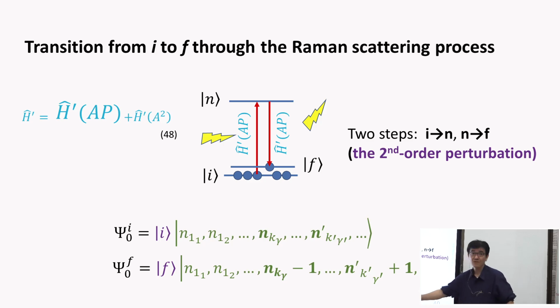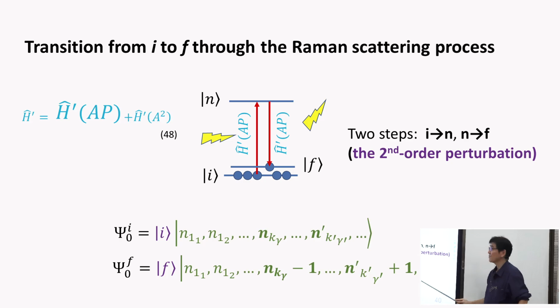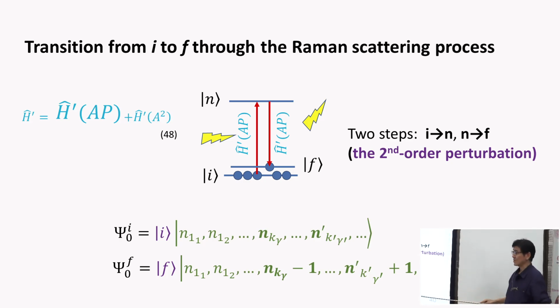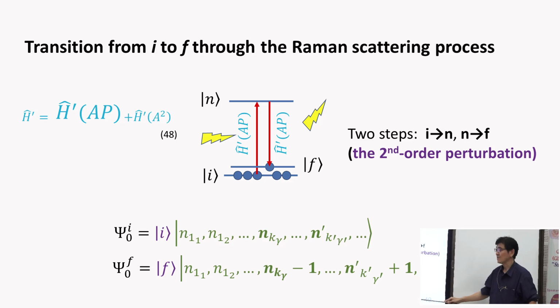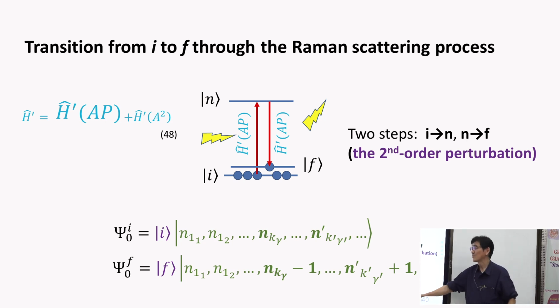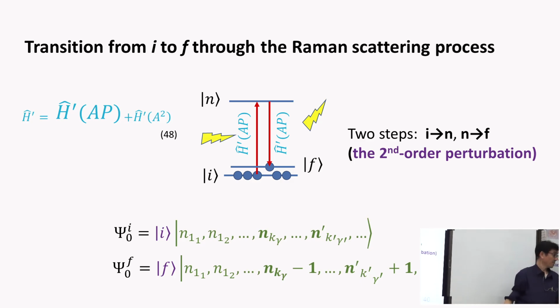The wave function includes the molecular wave function F for the final state and the number of photons. Something decreases by 1, something increases by 1. This means some photon disappears and a new photon appears. So the Raman process is expressed in this way.